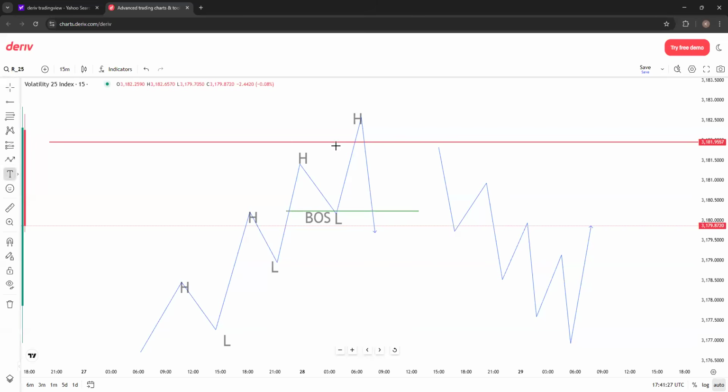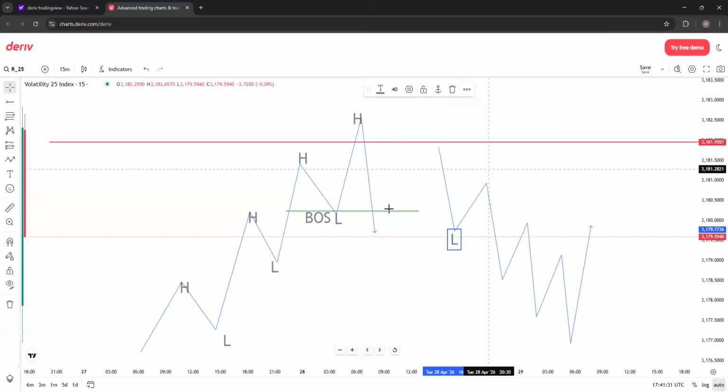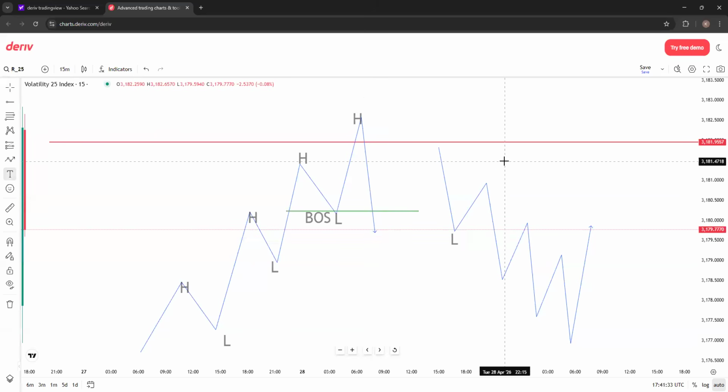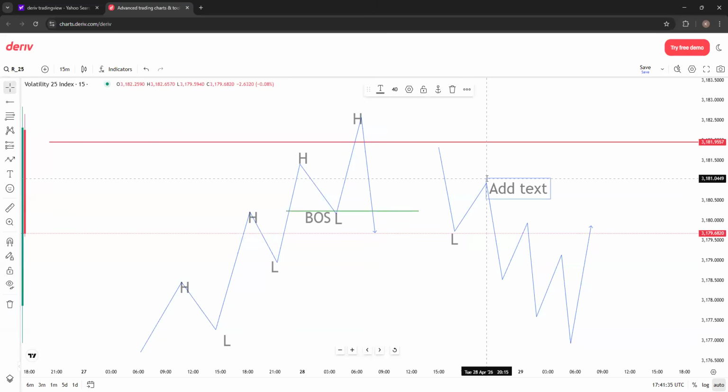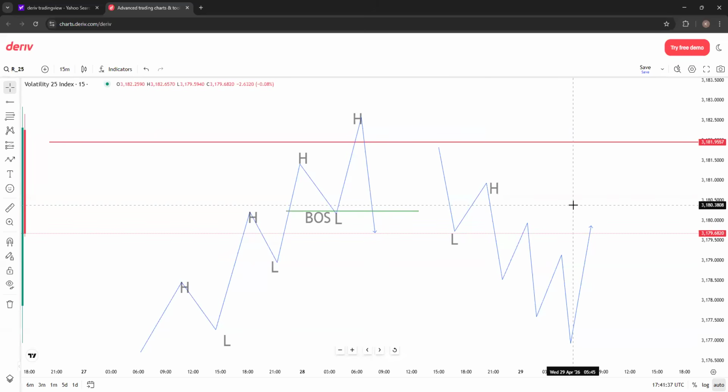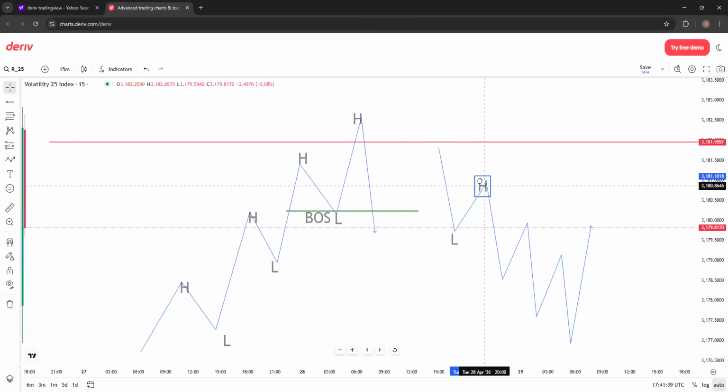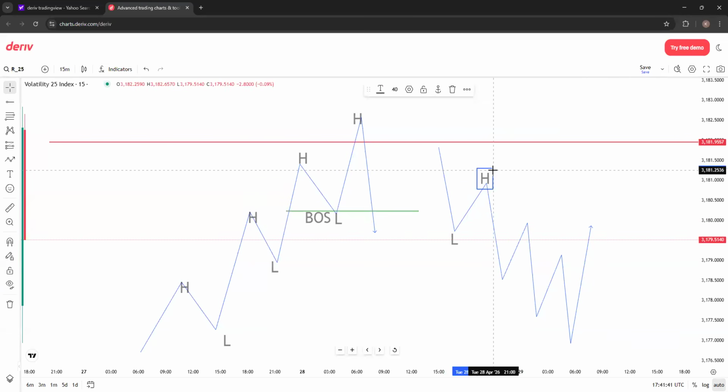Let's say if we mark it again, we have a low here, and then we have a high here, right? I understand that if I start saying lower lows and lower highs, some people will be a bit confused. But for now, let's just say this is a low and that's a high, as you can see.